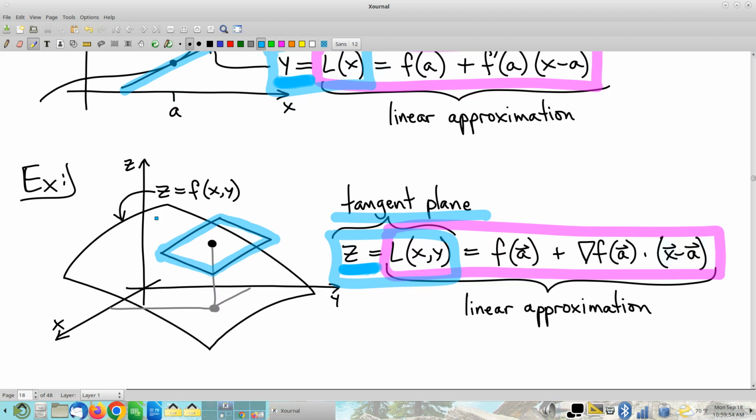So this blue plane here and the original graph of the original function, when I take slices in either coordinate direction, those slices all have the same slopes as the original graph does. And thus it's kind of angled the same way as the original graph. Thus it's tangent.